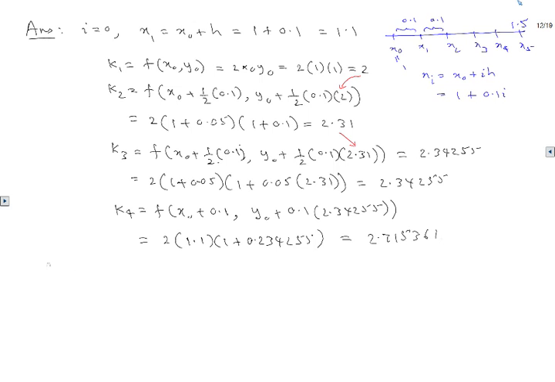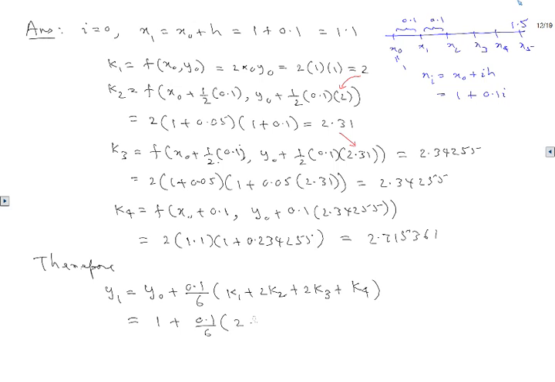Now you're gonna plug in. So therefore we have y1, the next value, which is y0 plus h, which is 0.1 divided by 6, times k1 plus 2k2 plus 2k3 plus k4, which is equal to 1 plus 0.1 over 6. Let's plug in the values.